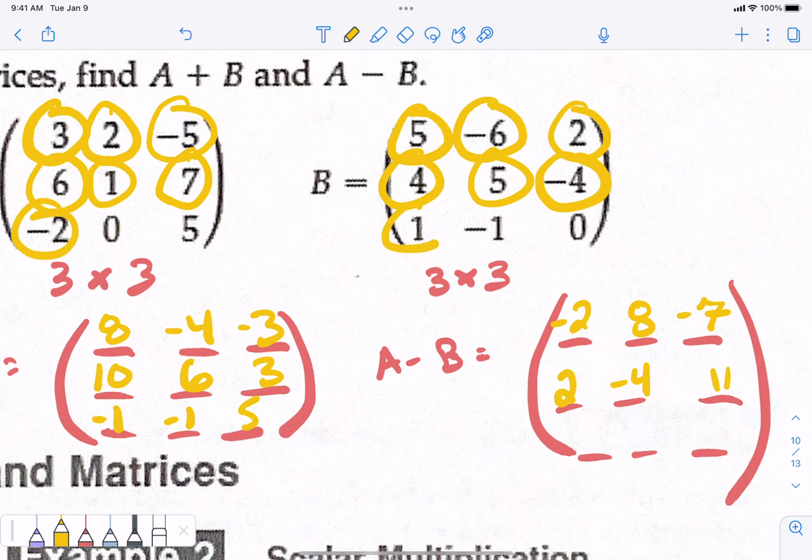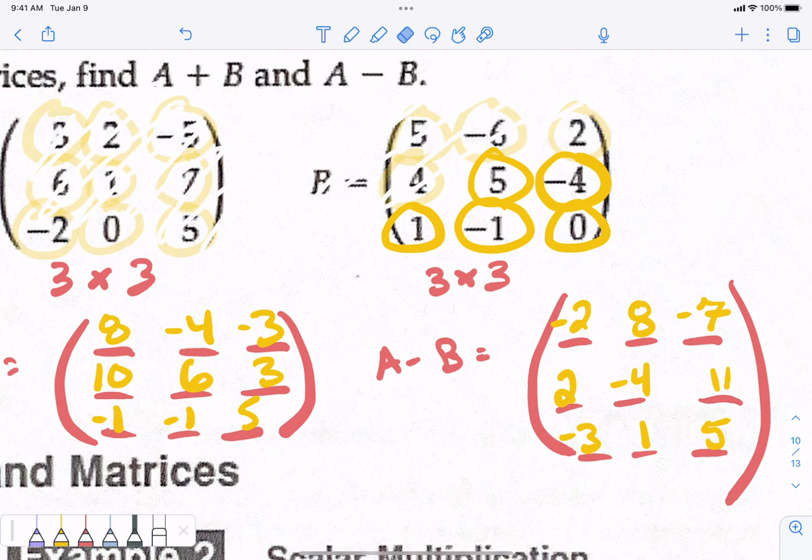Negative 2 minus 1 is negative 3. 0 minus a negative 1 is positive 1. And 5 minus 0 is 5. That's A plus B and A minus B. Not too bad, right? Pretty good.